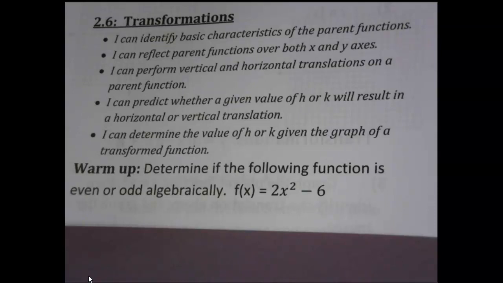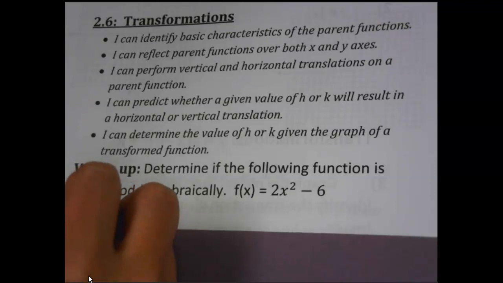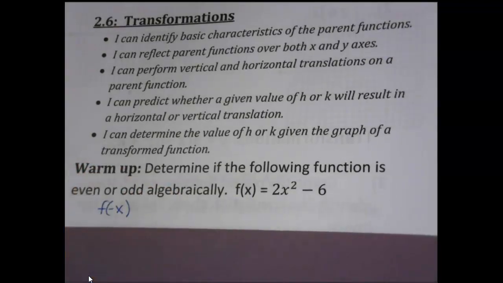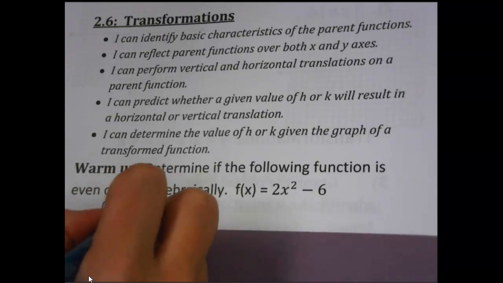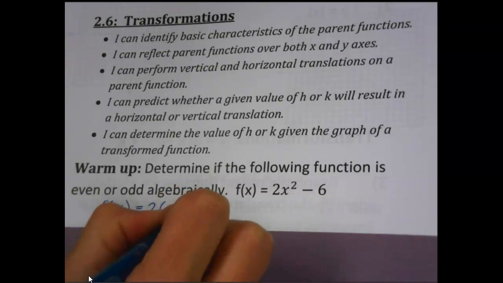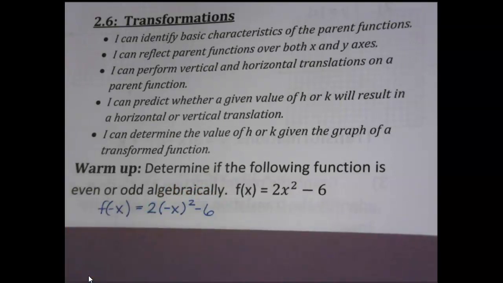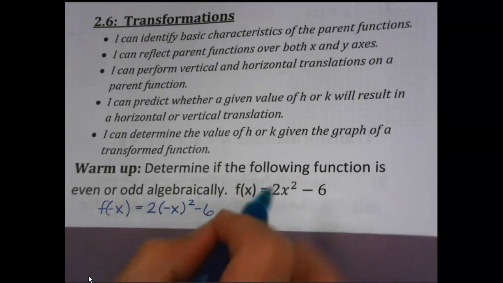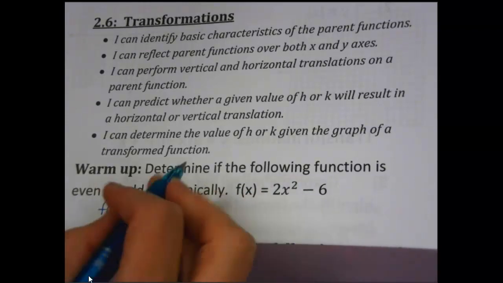So the algebraic test, we have to put a negative x in for all of the x's that exist. So we put a negative x squared minus 6. Anytime you square a negative, we would get a positive.